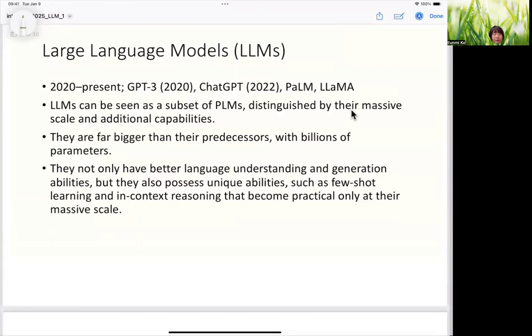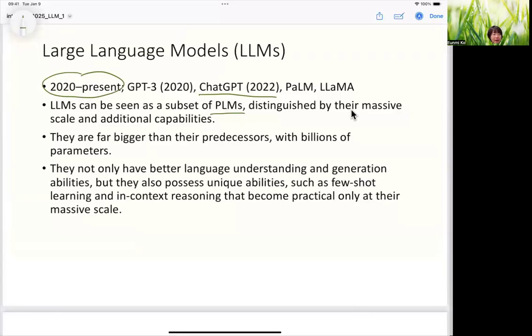Now, from the pre-trained language model, large language models are kind of distilled. That is, since 2020, a typical example would be ChatGPT. A large language model can be seen as a subset of pre-trained language models distinguished by their massive scale and additional capabilities. They are far bigger than their predecessors, with billions of parameters.